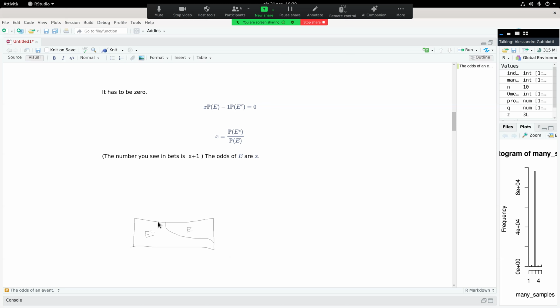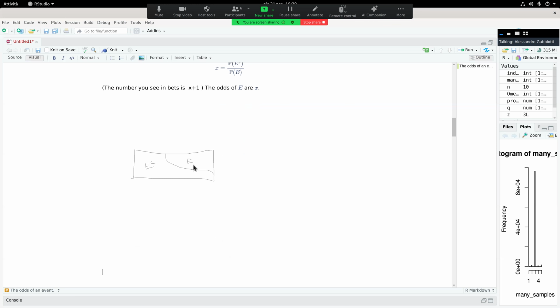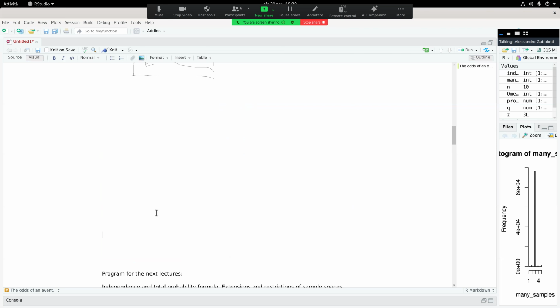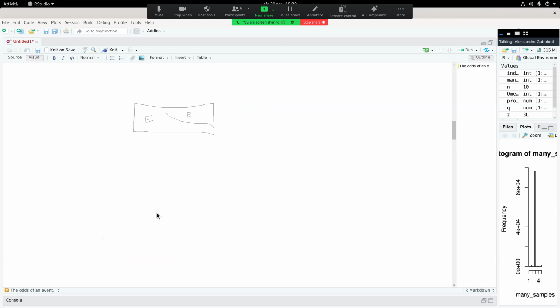You can think of the probability as an area: the area of the complementary of E divided by the area of E. So it is a ratio between two areas. What I wanted to say is that assigning a probability is the same as assigning the odds of each event.